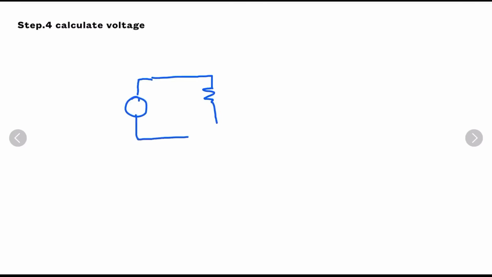So after calculating R equivalent, we will move to the next step, that is calculating voltage. For calculating voltage, we will consider the whole circuit. We had a current source, this is your R equivalent, and if you remember, the value of the current source was 1 milliampere. Now we have to calculate voltage.